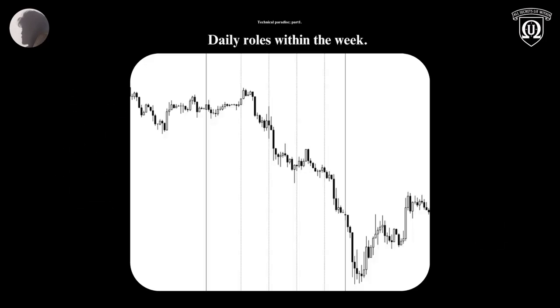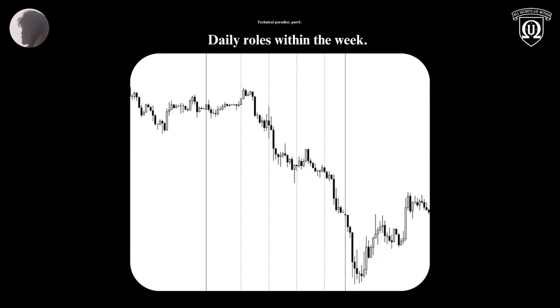Daily rolls within the week. Now look at the weekly open marked in the solid vertical line. That's Monday, and then you have Tuesday, and then Wednesday is a nice OTE continuation, and then Thursday, and in this case, Friday dumped with no mercy, right?